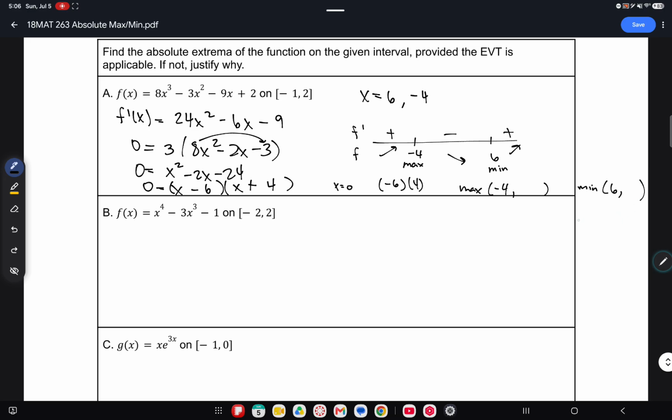And we can plug that in. And oh my goodness, let me back up because I was doing it on the entire interval. And neither of these values are within that interval. That is crazy. So I'm going to back up a second.